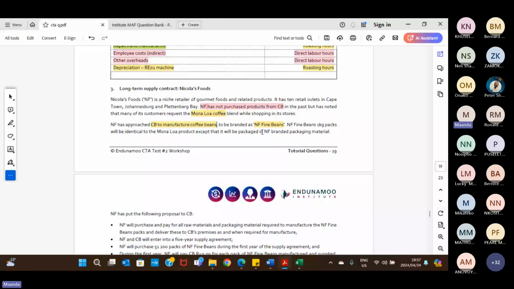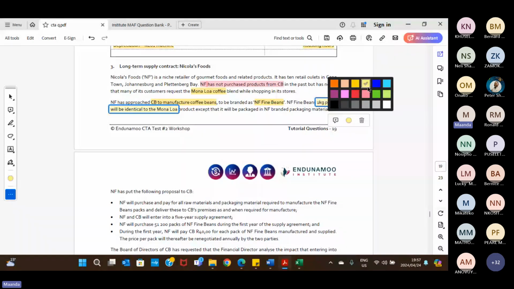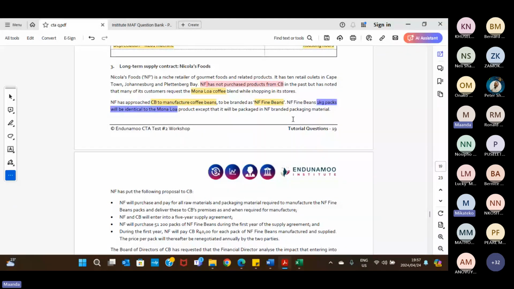NF fine beans, 1 kg packs identical to MN products. Oh, okay. So I don't have to worry about the kg, meaning if I'm determining the impact, I can still use the cost that I have here because it's identical, right?